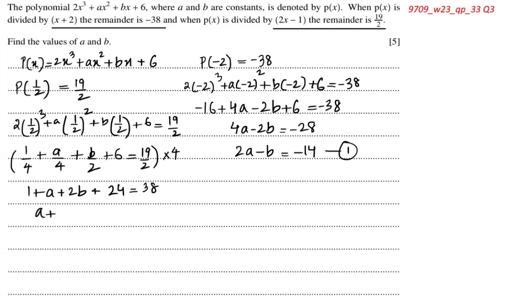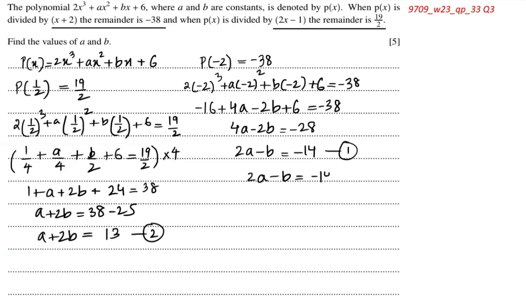This becomes a plus 2b equals 38 minus 25. A plus 2b will be 13. Let's call this equation 2. So I need to solve these two together. Do you want to go with substitution or elimination? It's up to you. Okay, let's do elimination.